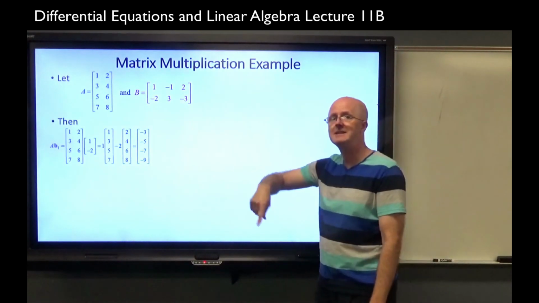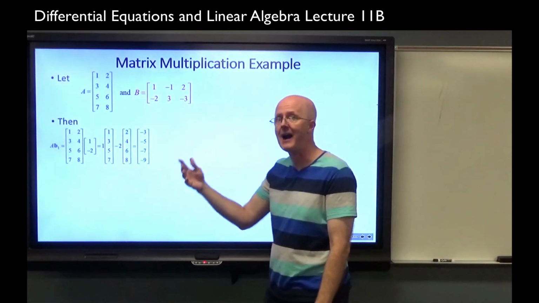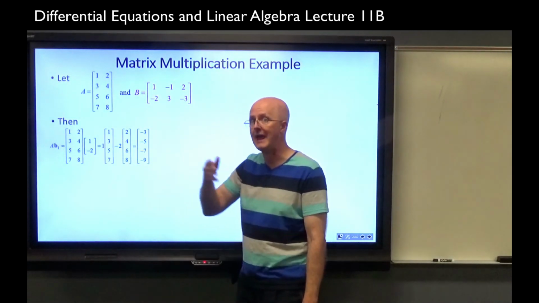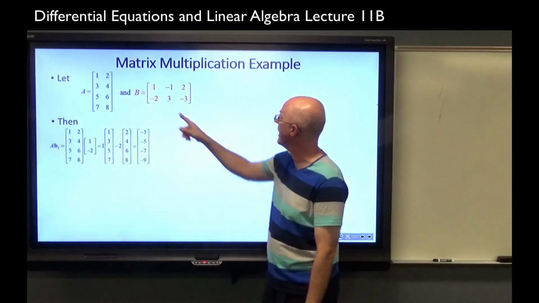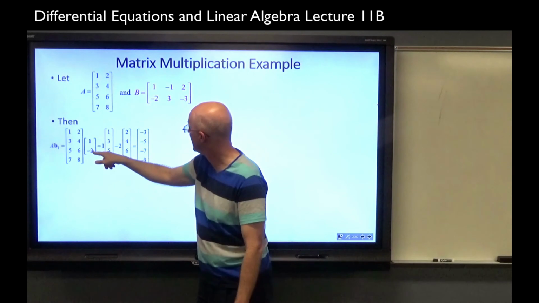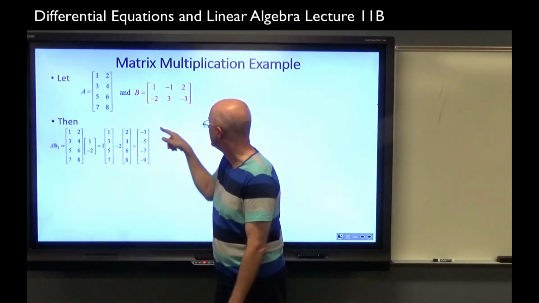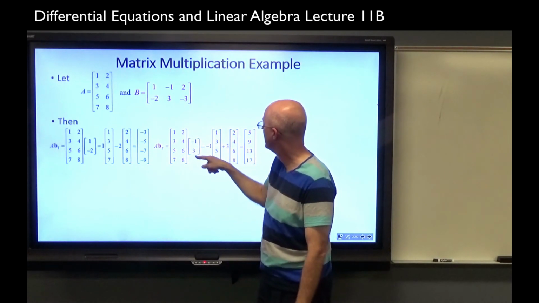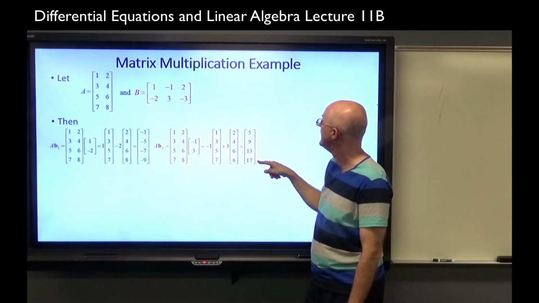And if I use the definition at the bottom of the last slide, the columns of the product should be AB1, AB2, AB3, where B1, B2, and B3 are the columns of B. B1 is the first column, 1, negative 2. B2 is the second column of B, negative 1, 3. And this product gives you this.